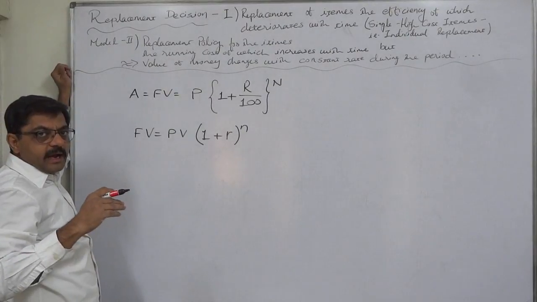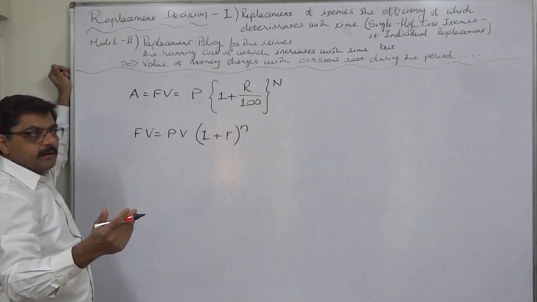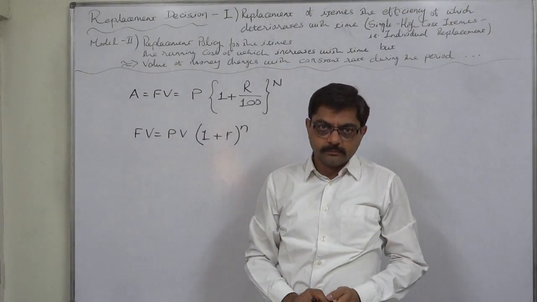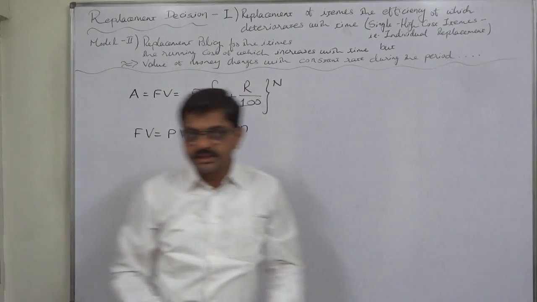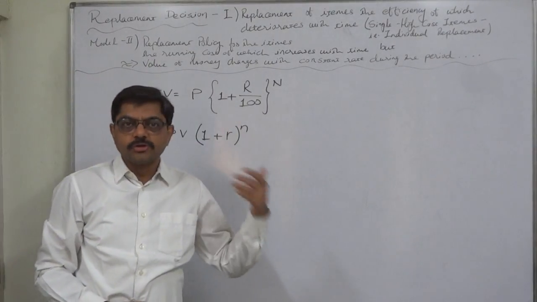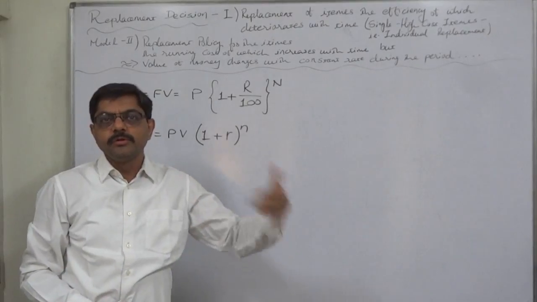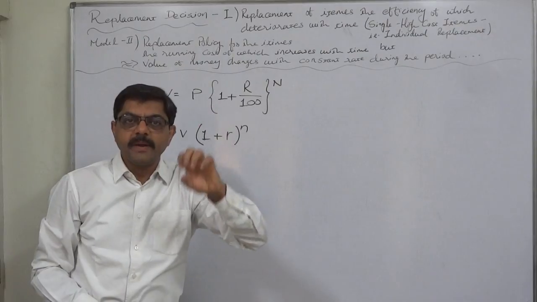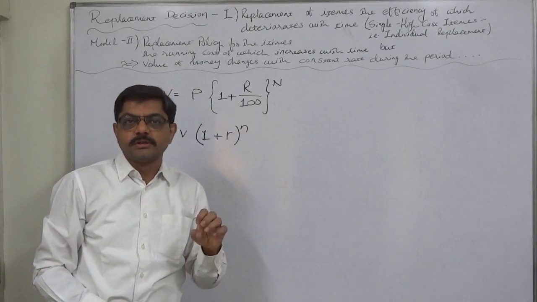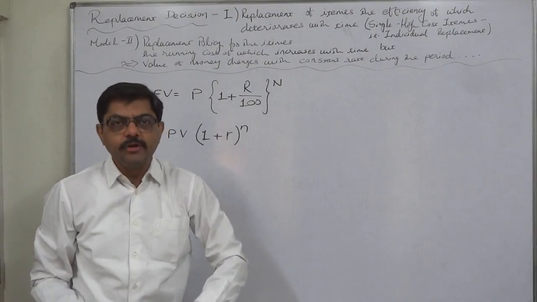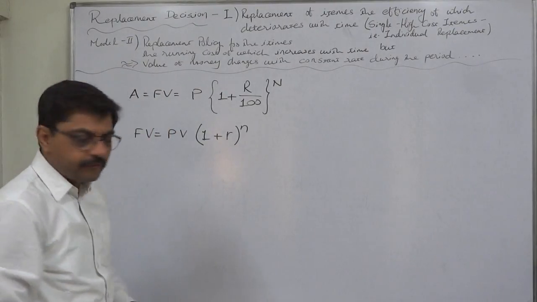But we know something about the future value of running cost. We have already estimated the future value of the running cost: during year 1 so and so amount will be paid, during year 2, during 3rd, during 4th, during 5th year we are going to pay some amount of running cost that we have already estimated. Now we want the present value of that estimated running cost of future.